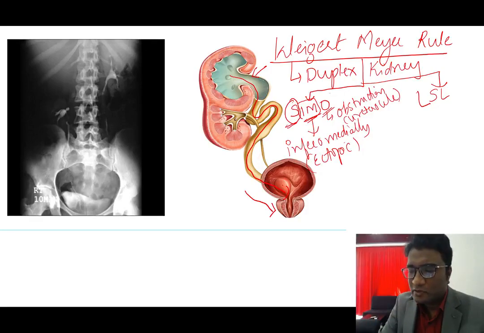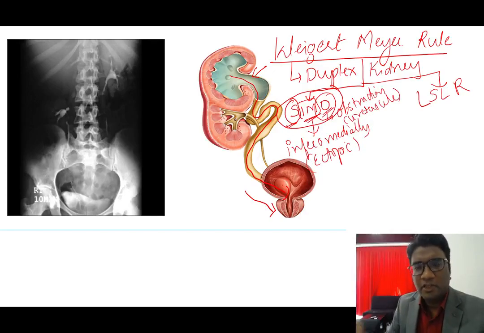And this superior ureter is prone to obstruction. This will be prone to reflux. So once you remember SIMO, the opposite of that is correct for the lower ureter also. The lower ureter inserts normally on the superolateral side of the bladder and is more prone to reflux. The vesicoureteric reflux in the duplication system is more common in the lower ureter.